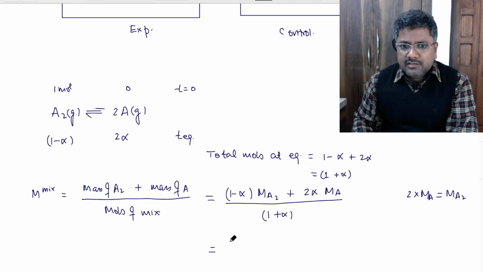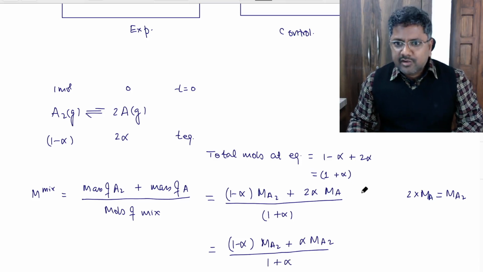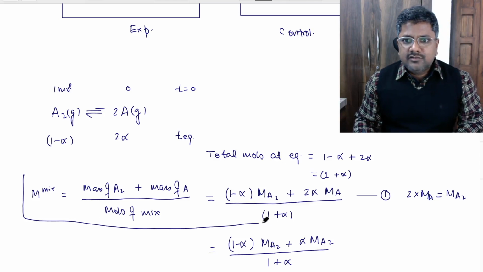So here you can write 1 minus alpha into MA2 plus alpha into MA2 divided by 1 plus alpha. See, this is important equation, so I am putting this equation number 1. This you can use directly.